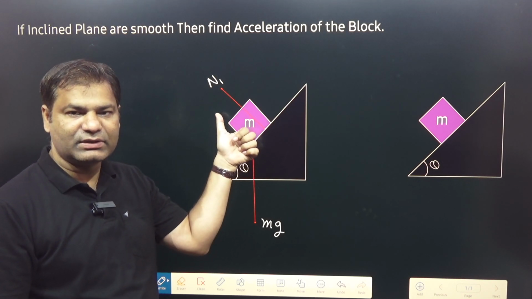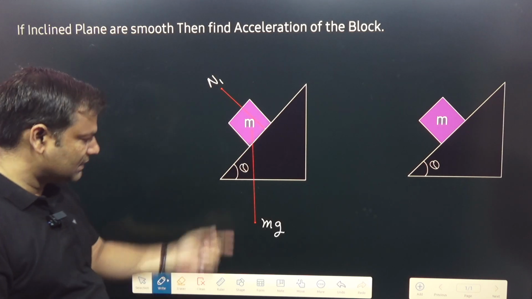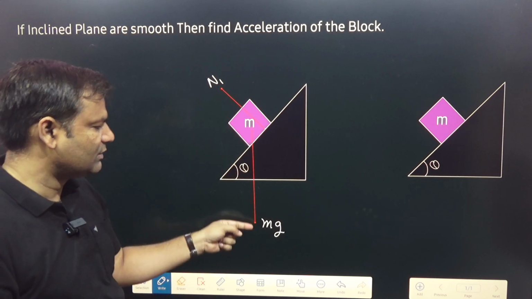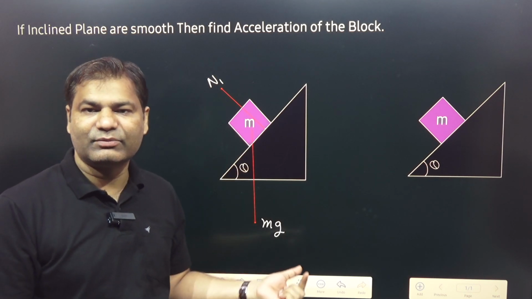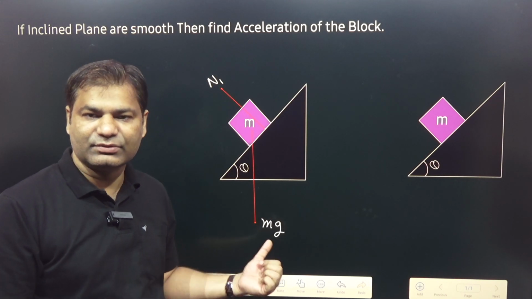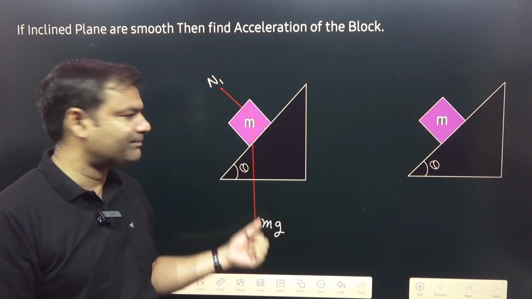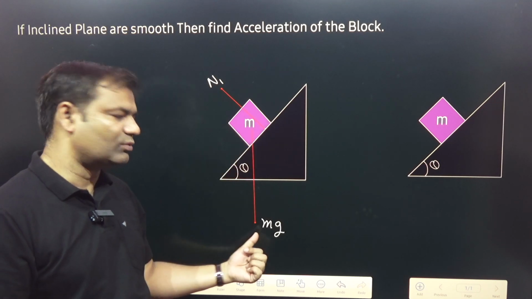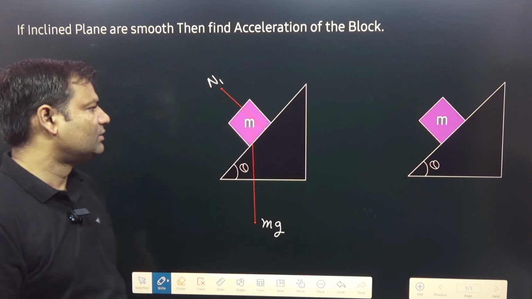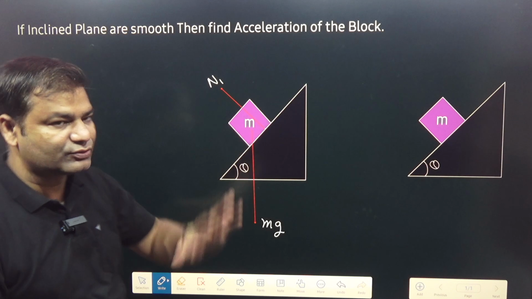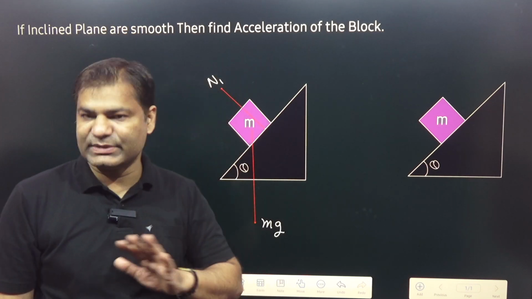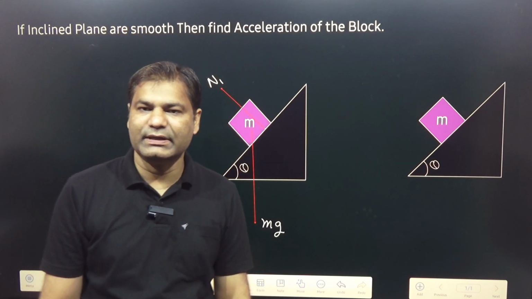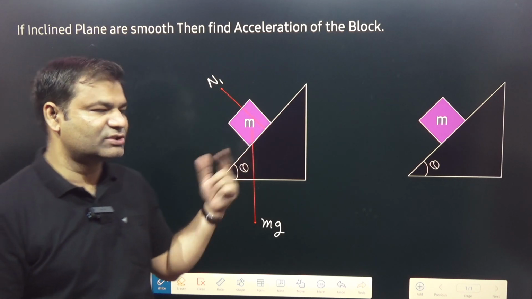That's why I represent N1 here. And the indirect contact force is only due to gravity, so due to the earth, that's why mg in the downward direction. Now the surface is smooth, so there is no friction. A smooth surface means a frictionless surface.